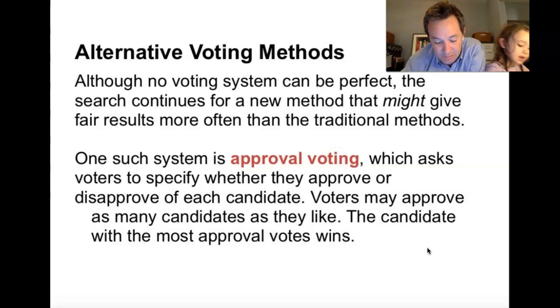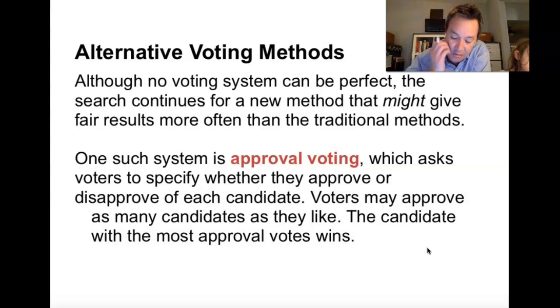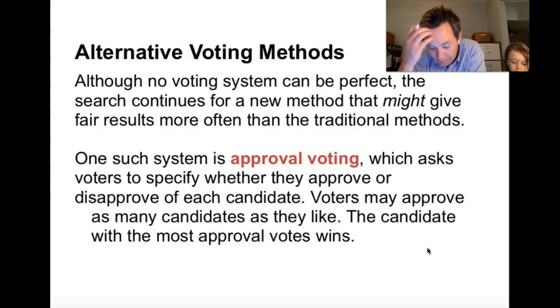So there are some alternative voting methods that are interesting. Although no voting system can be perfect, the search continues for a new method that might give fair results more often than traditional methods. One kind of system is called approval rating, which asks voters to specify whether they approve or disapprove of each candidate.